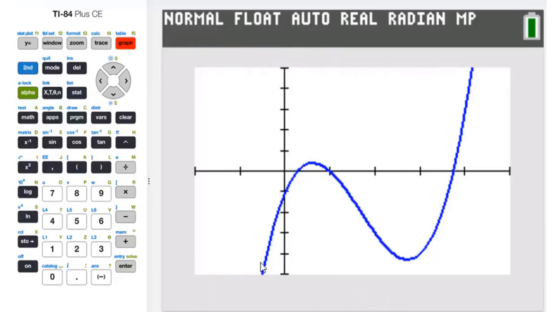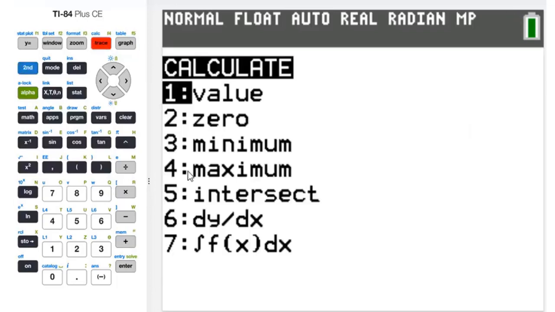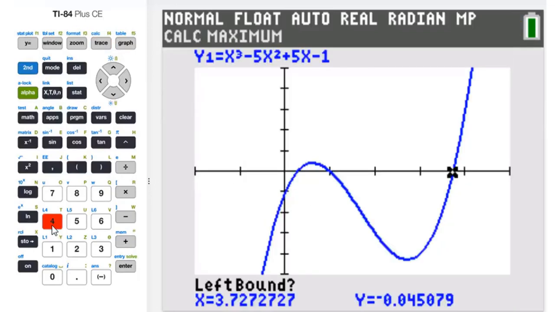So now let's get the maximum and the minimum value of this graph. This is a maximum value. You have to make sure you're looking for the maximum value. I go to second trace. Maximum value is 4, so I press 4. Then it asks you left bound.